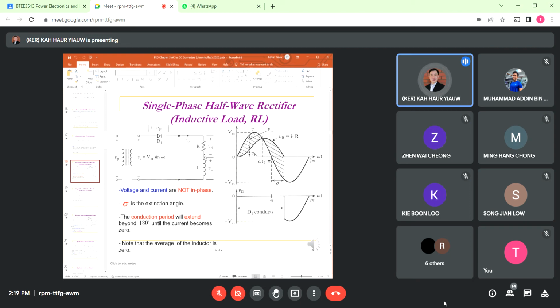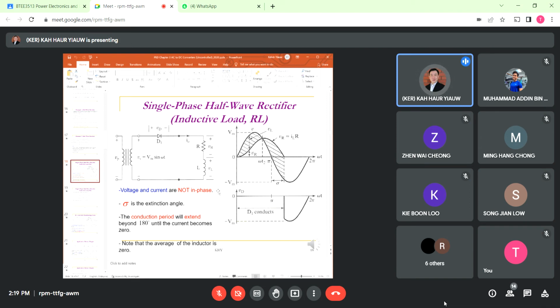But if you have a capacitor, maybe RC connected in parallel, then you have a leading power factor. To a certain extent, most of the loads around in this world are in fact a type of inductive load.